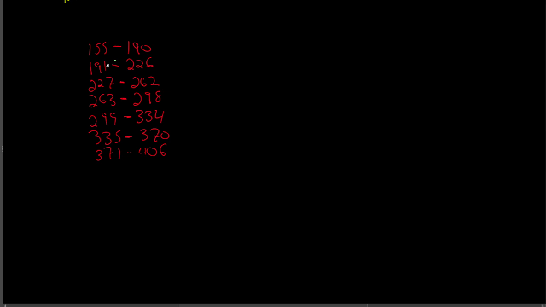And so to get rid of the gap in between here, this has to go back a half, and this has to go forward a half. So from the lower limit, we subtract 0.5, and from the upper limit, we add 0.5. So 155 minus 0.5 is 154.5 to 190.5.